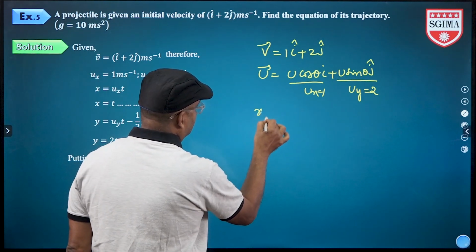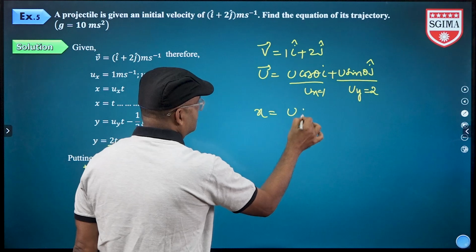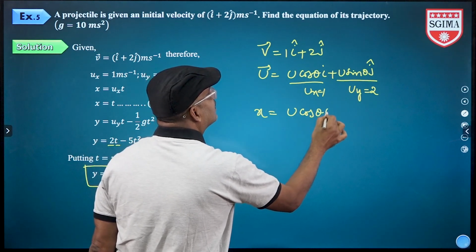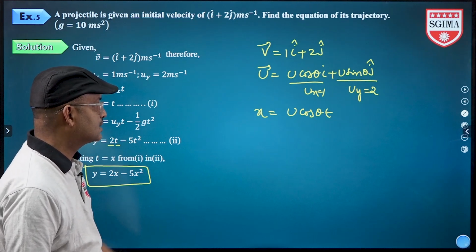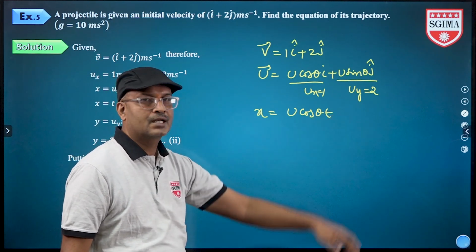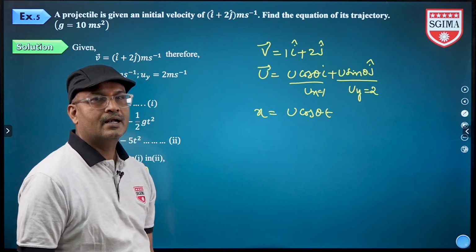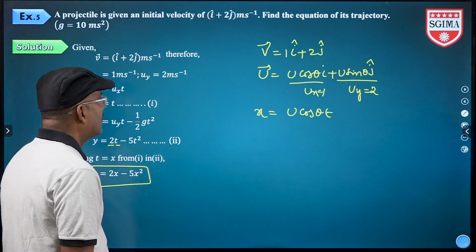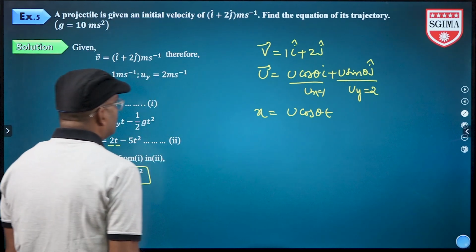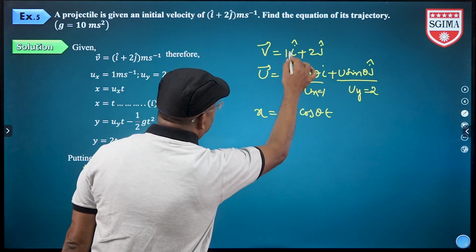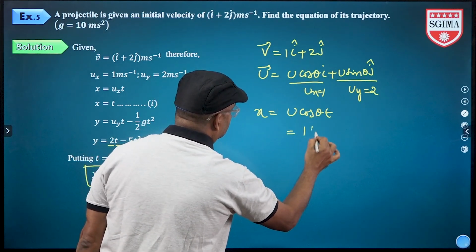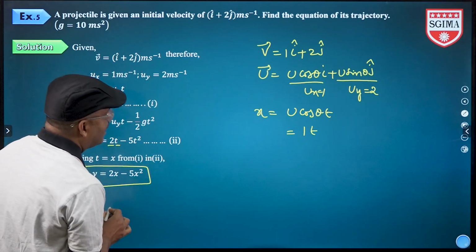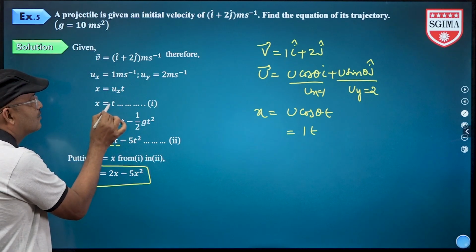Horizontal displacement x is equal to u cos theta into t. Already we know that formula, because acceleration along the horizontal direction is 0. Now, u cos theta value is 1 into t. So, that is why I am writing that x is equal to t.